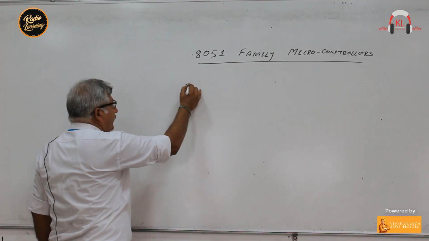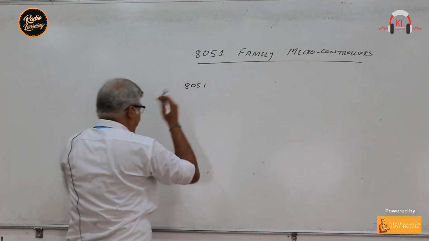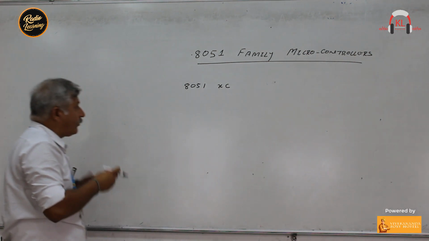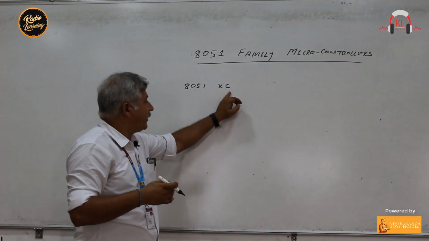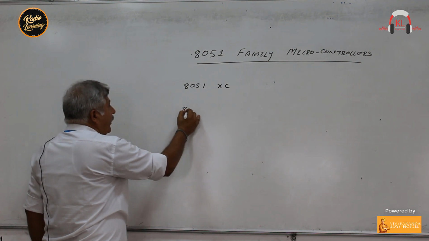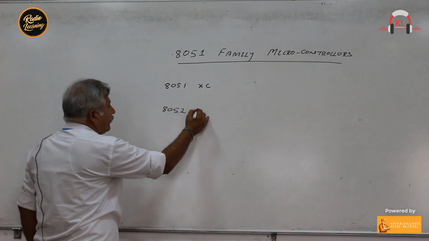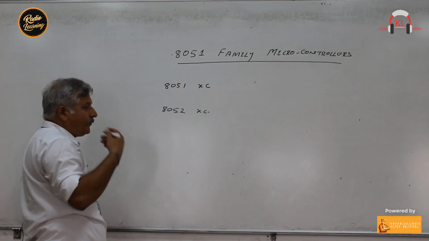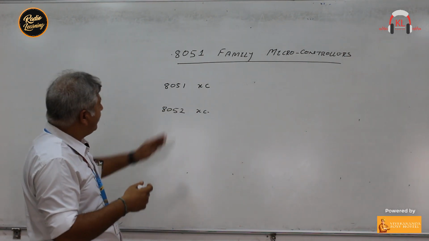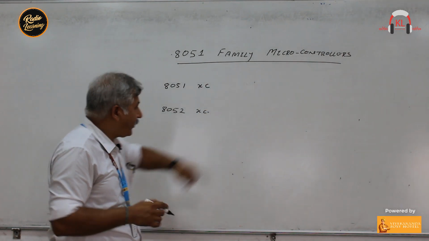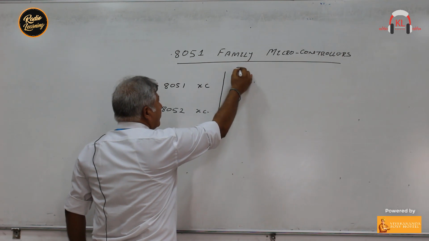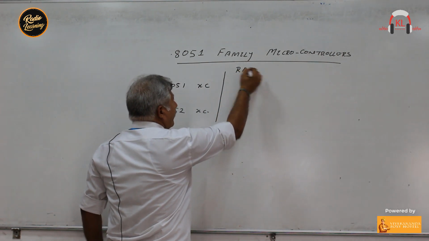For example, the 8051 microcontroller, and the 8052 microcontroller. We'll see the basic difference between these two, and both come in the family of 8051 microcontroller. Now, what is the size of RAM?